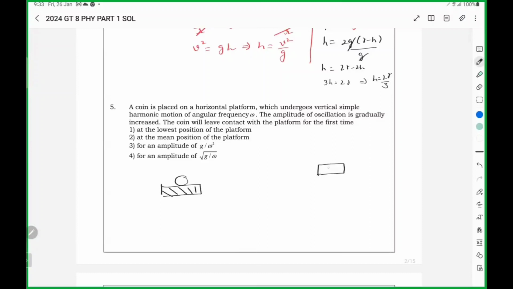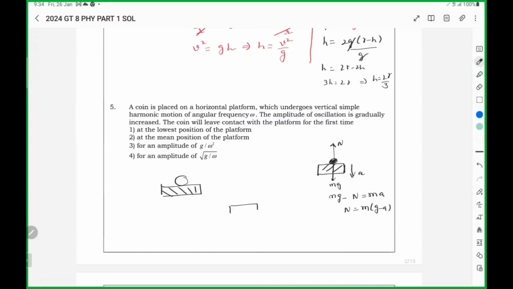At the highest position, normal reaction is the force exerted by the platform on the coin, and then its weight. At the extreme position, acceleration will be towards the center. That is mg minus N is equal to ma. N is m times (g minus a).